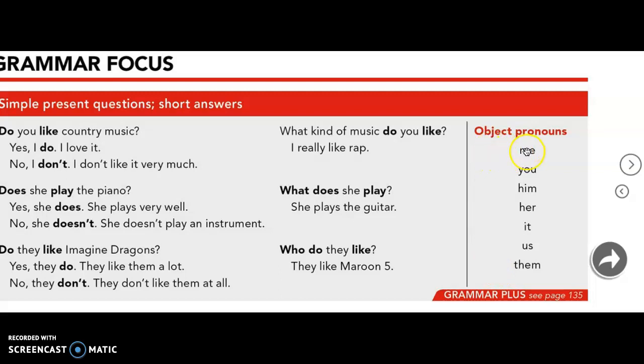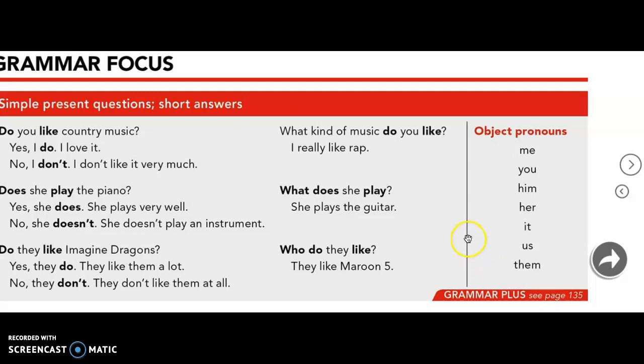I, the corresponding object pronoun is me. You, you. He, him. She, her. It, it. We, us. They, them. I know it's a little bit confusing because some of the object pronouns are pretty much the same as the subject pronouns. But what would be the difference?